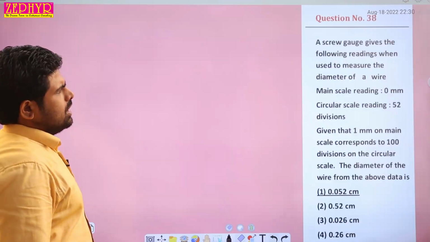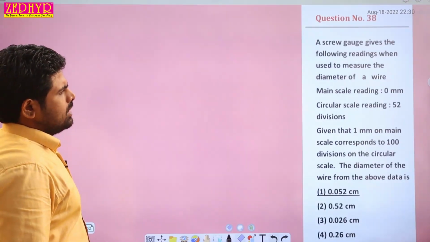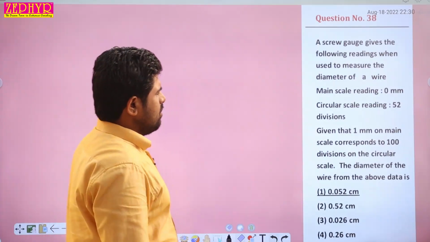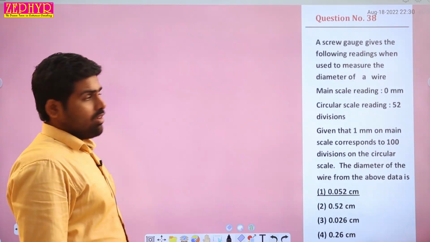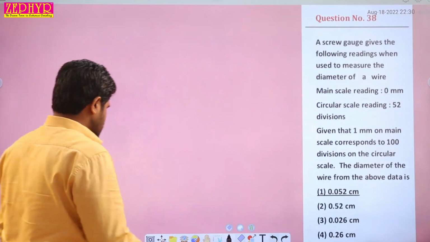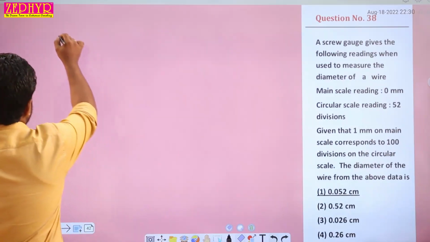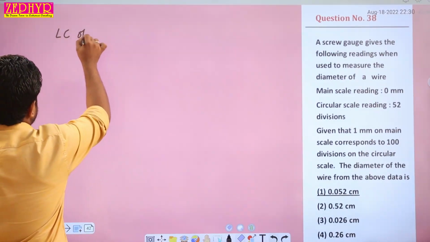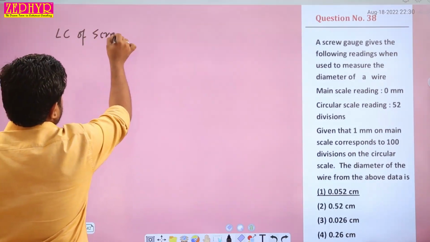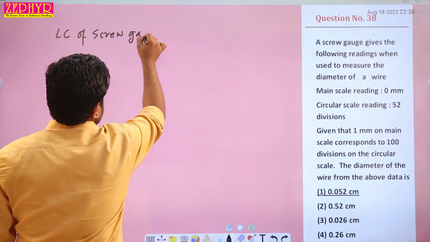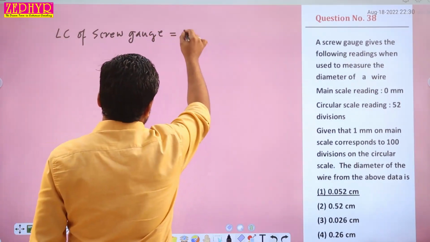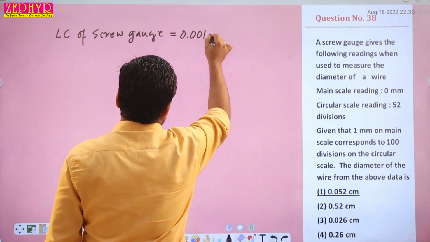The next question, question number 38. A screw gauge gives the following reading when used to measure the diameter of a wire. Main scale reading is 0 mm. So the first one, the least count of the screw gauge, is equal to 0.001 centimeter.